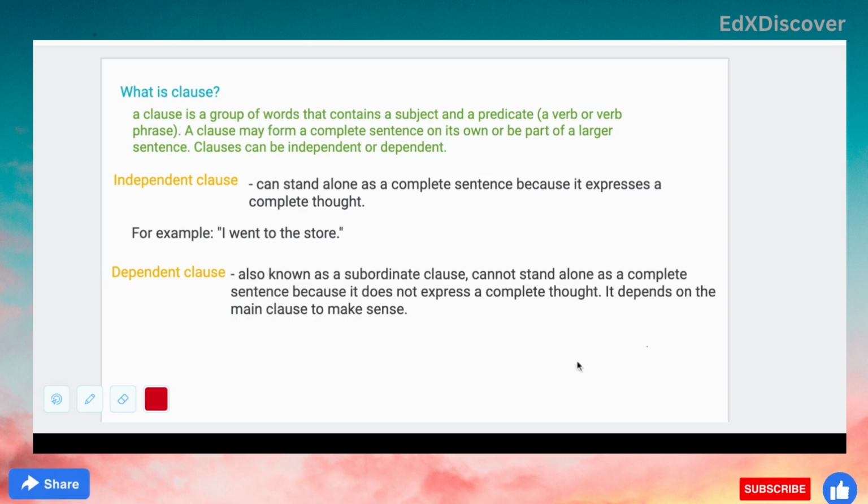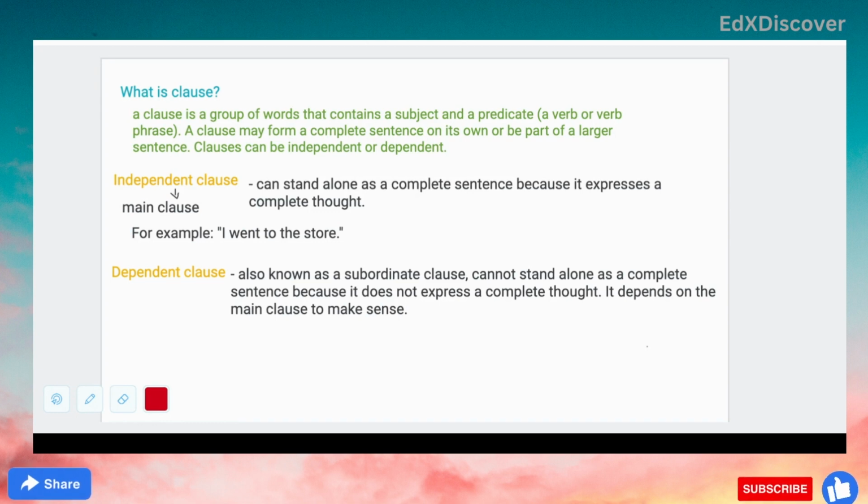Okay. Keep that in mind. What is independent clause and what is dependent clause? It's actually important.